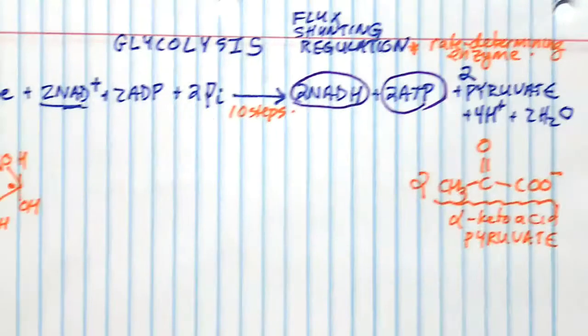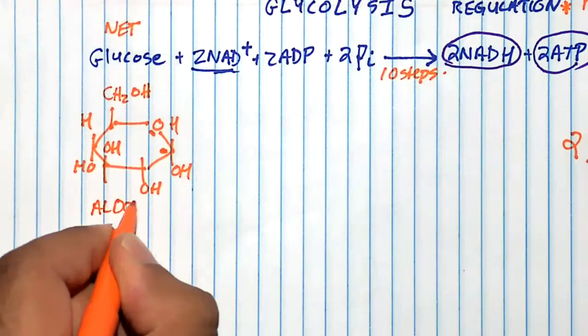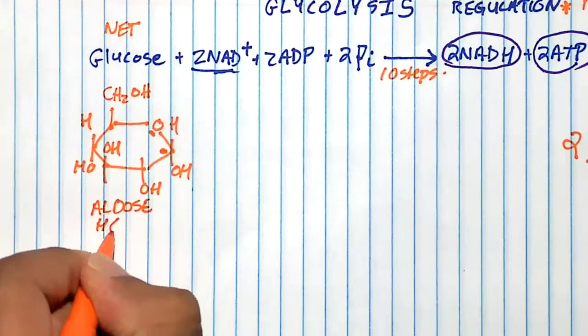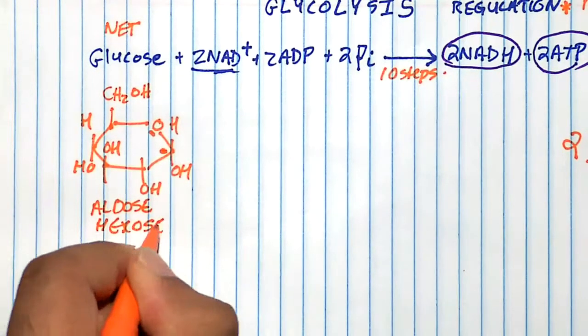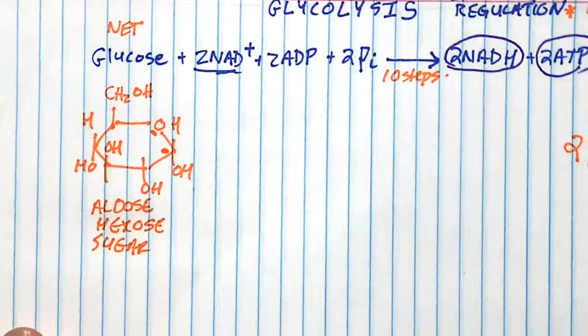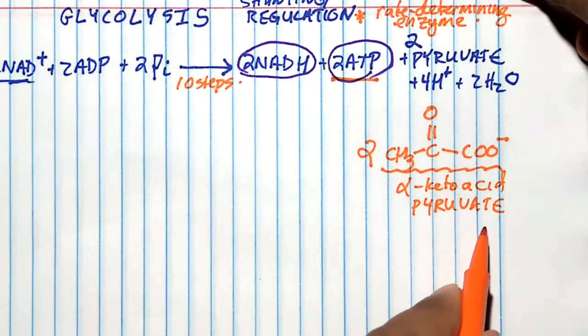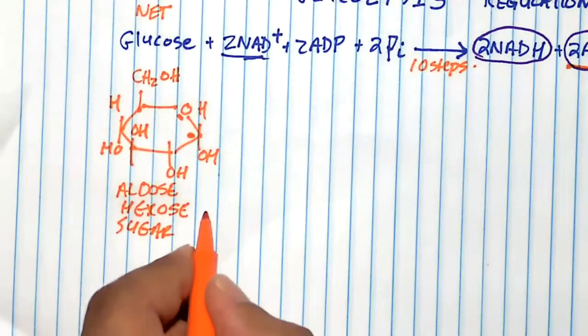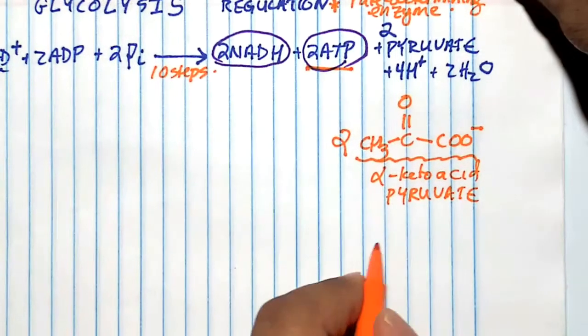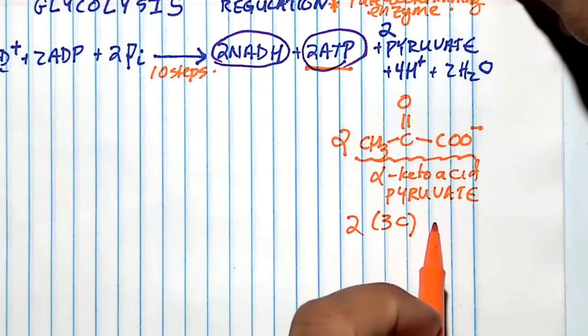So if you think about it, we are converting an aldose sugar, an aldose hexose sugar, getting ATP from it, and we're converting it to 2 molecules. This is 6 carbons. We're converting it to 2 3-carbon molecules of pyruvate, an alpha keto acid.